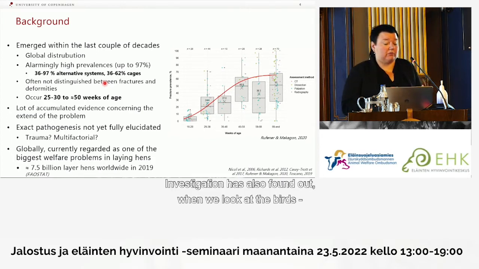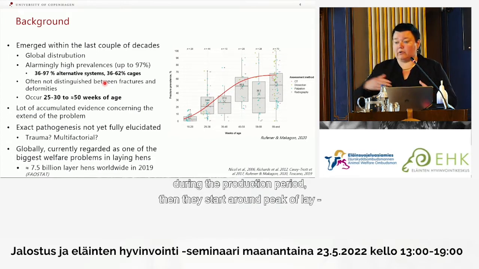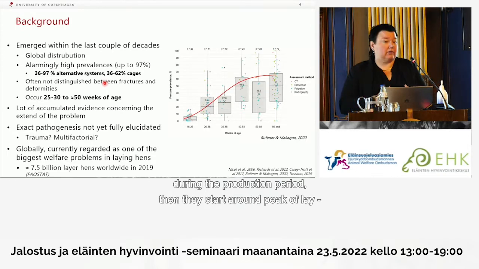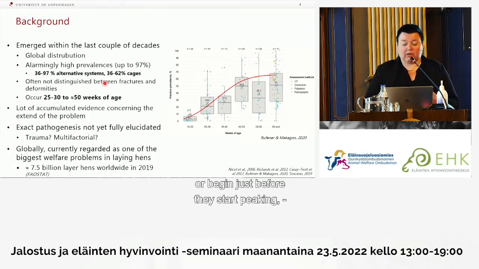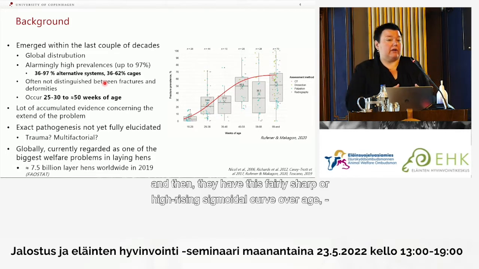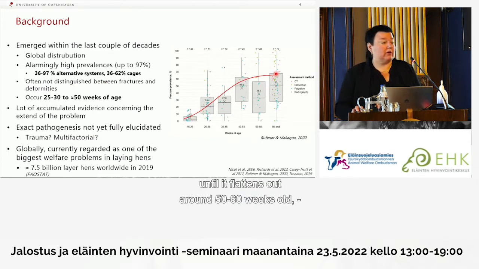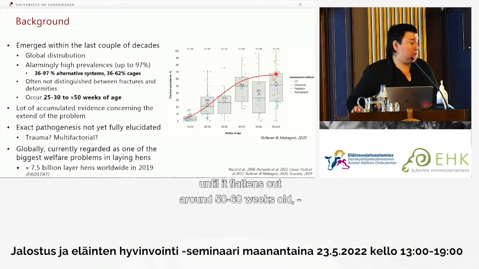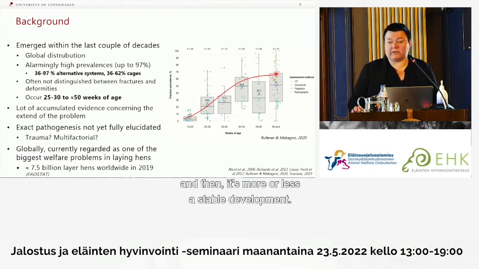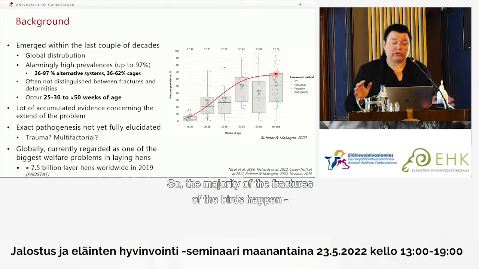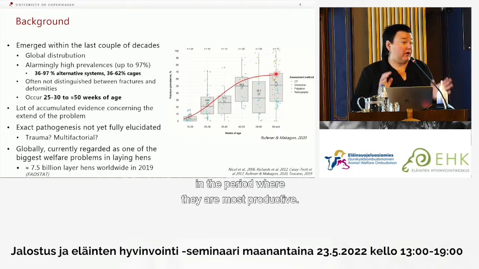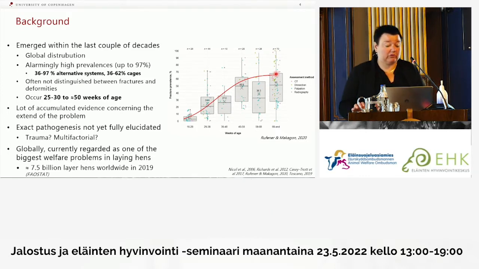Investigations have also found that when we look at the birds during the production period, they start around peak of lay or just before they start peaking, and then they have a fairly sharp, rising sigmoidal curve over age until it flattens out around 50-60 weeks old, and then it's more or less a stable development. So the majority of the fractures happen in the period where the birds are most productive.